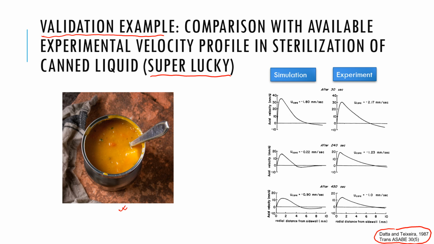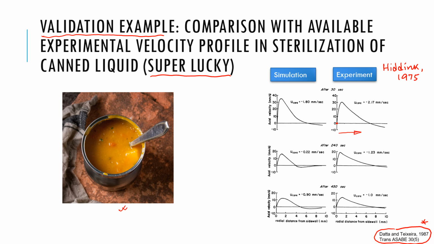On the right is the experimental work from a Dutch dissertation of Hiddink, 1975. Details can be seen in the published research paper below, but it shows the measured velocity profile starting from the can wall this way.